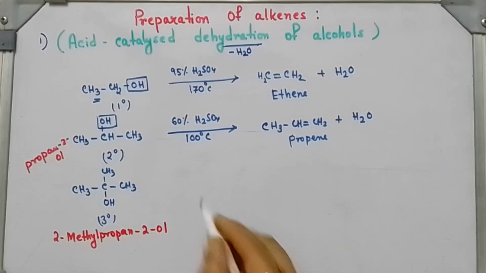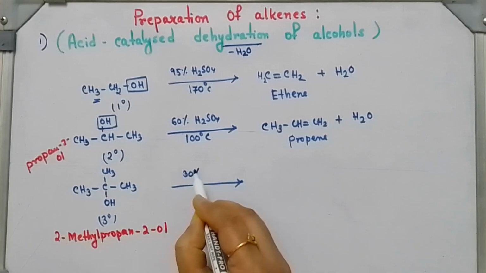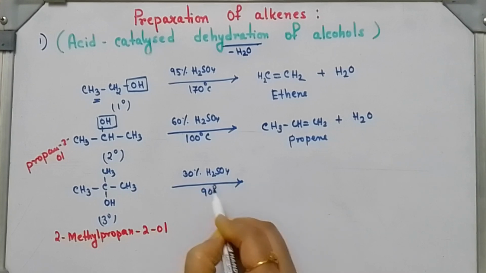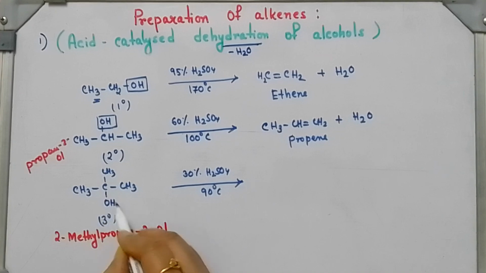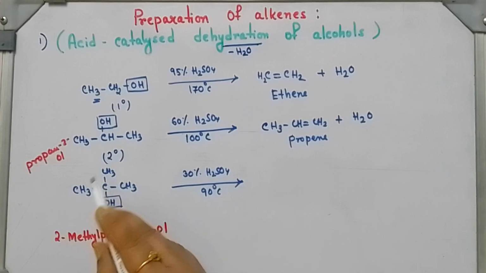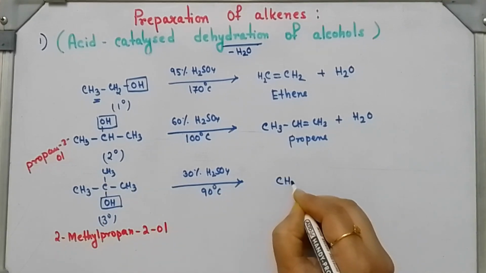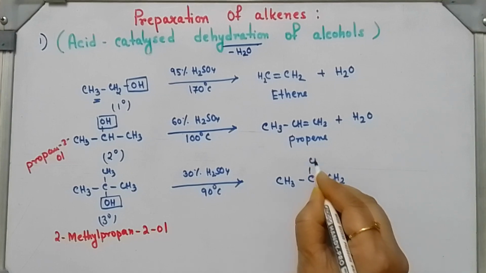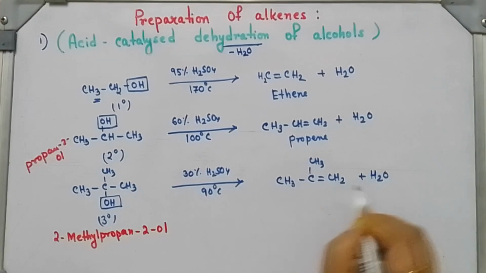If you treat this tertiary alcohol with 30% sulfuric acid at around 90 degrees centigrade heating, OH from here and H from any of these, because all are symmetrical positions, will go, and we will get CH3C(CH3)=CH2, isobutene, plus water.